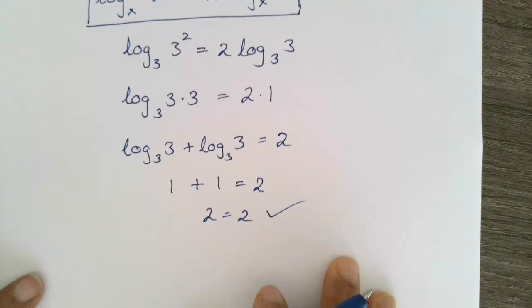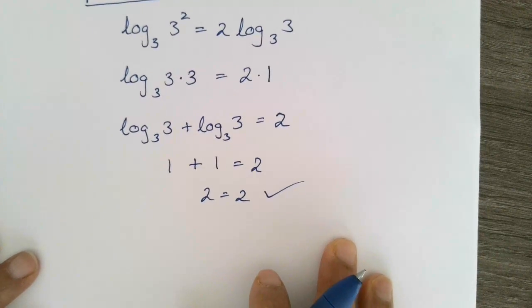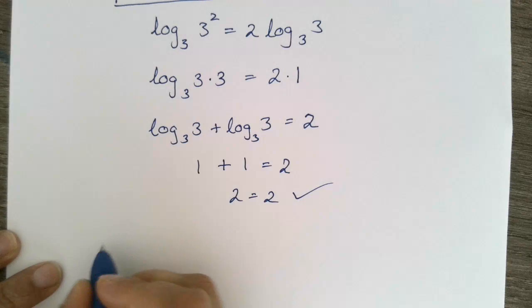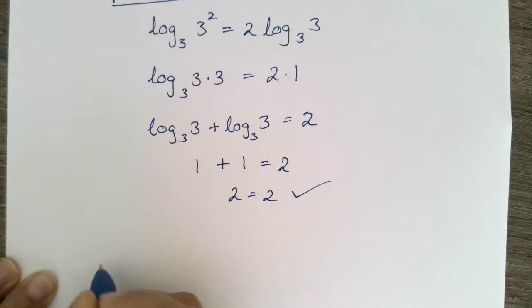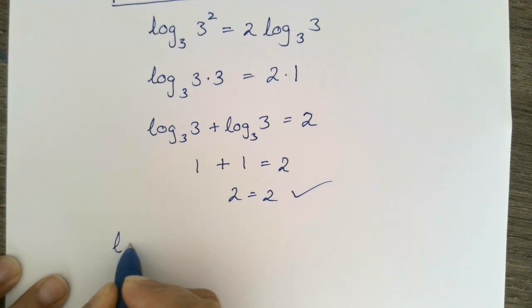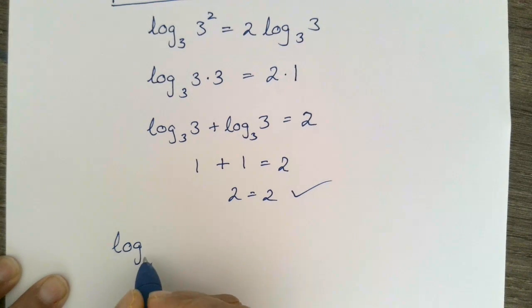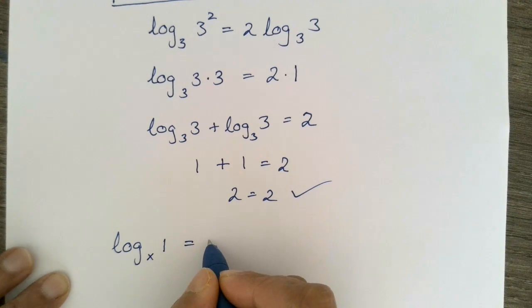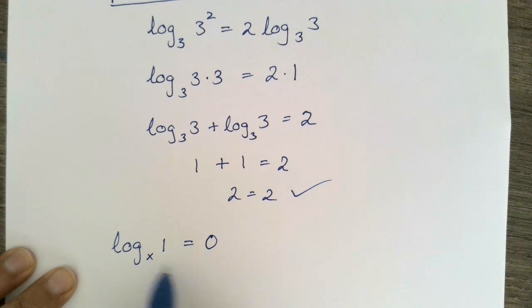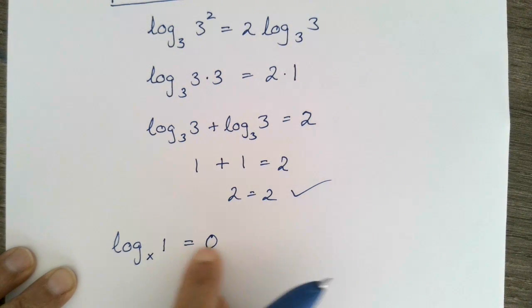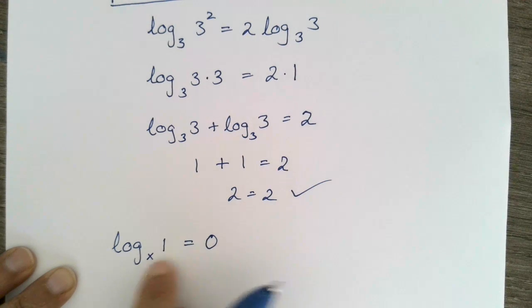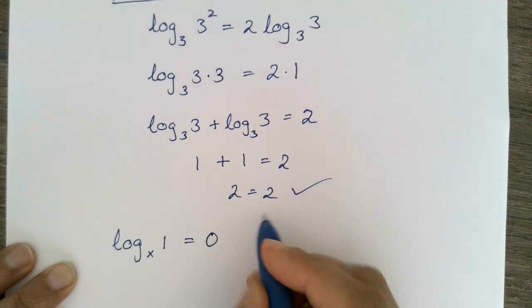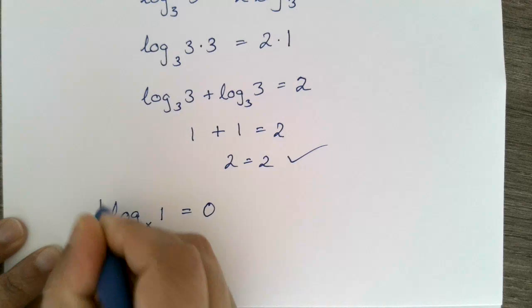Now let's look at some of the facts we already learned. Here is the first one: log base x of 1 is always equal to 0, because we know that x to the power of 0 is 1. Anything to the power of 0 is 1.